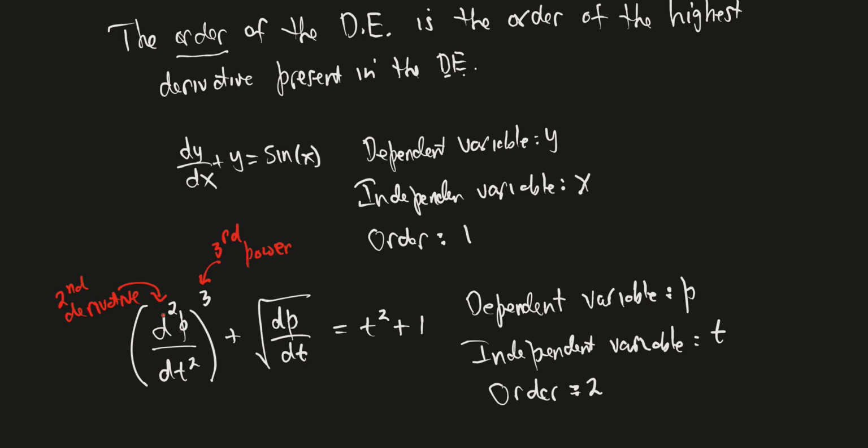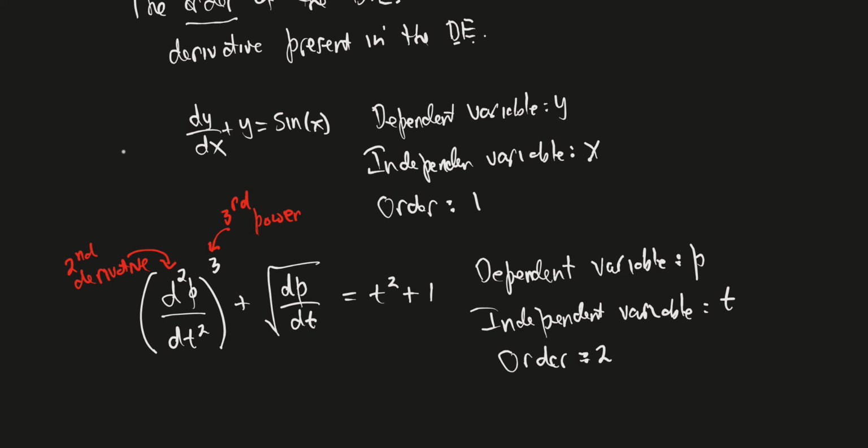This is saying you differentiate twice, and then whatever that second derivative is, you raise it to the third power. And the rest of it is kind of irrelevant as far as classifying, because this is still just confirming that p is a function of t, and we're taking the square root of the first derivative. But as far as identifying the order, we always look for the highest.